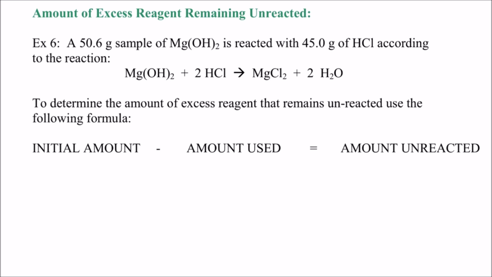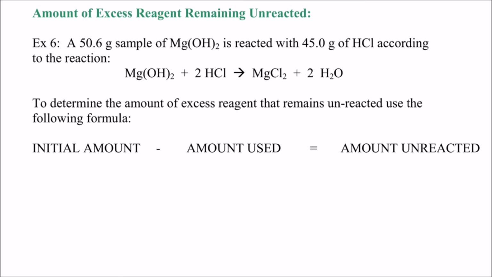So we're going to continue with our same equation that we've been using throughout the rest of this video series. We've got magnesium hydroxide and hydrochloric acid producing magnesium chloride and water. They've told us that we have our 50.6 grams of magnesium hydroxide and 45 grams of hydrochloric acid.